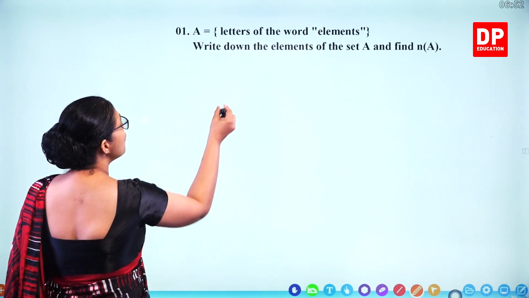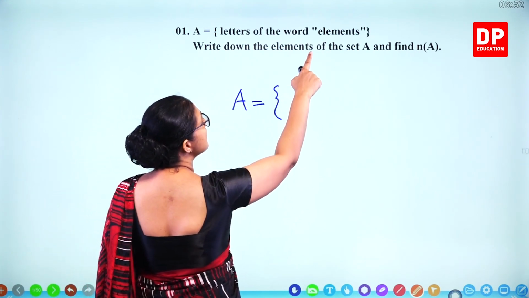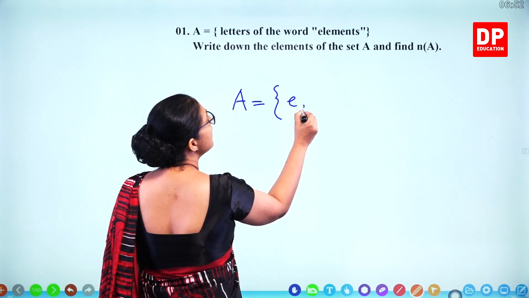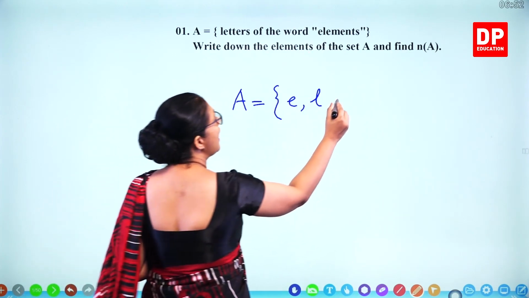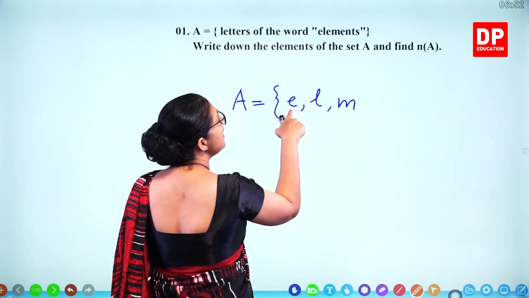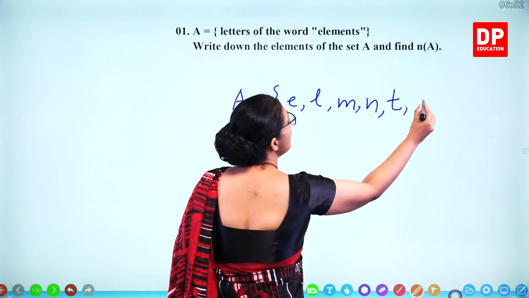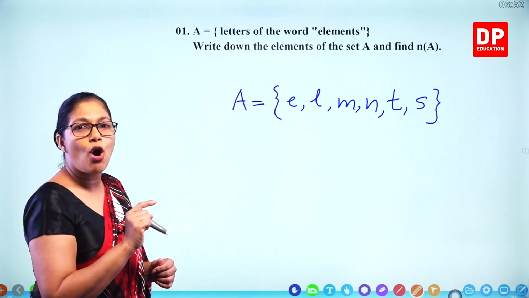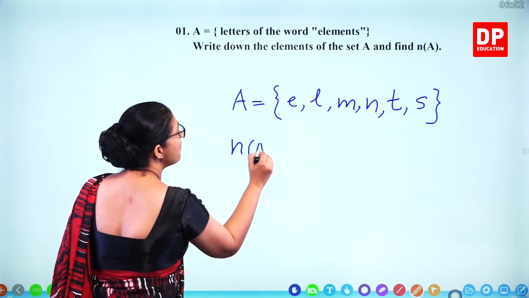So first we have to write down the elements that belong to this set. The letters in the word elements: E, L. Don't write E again. M, E, N, T, S. So those are the elements that belong to set A. So how many different elements are there?